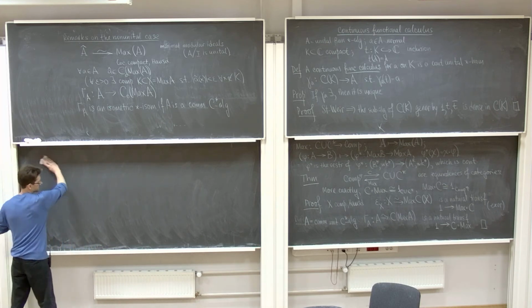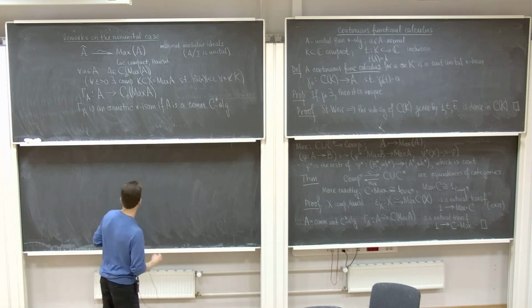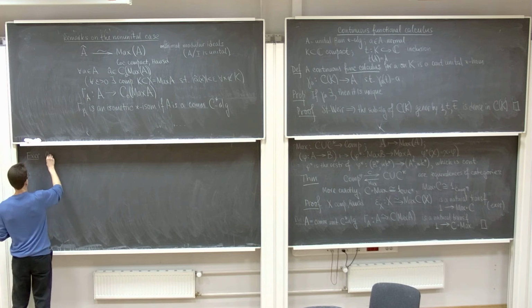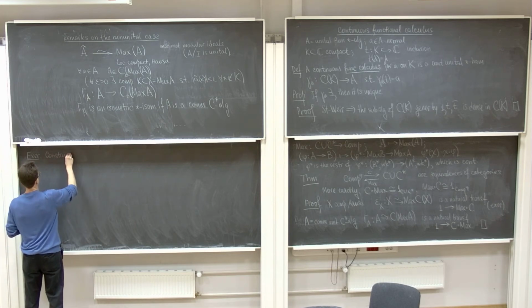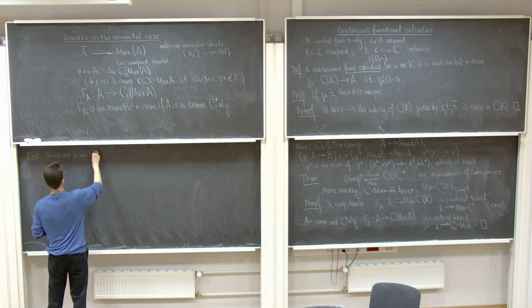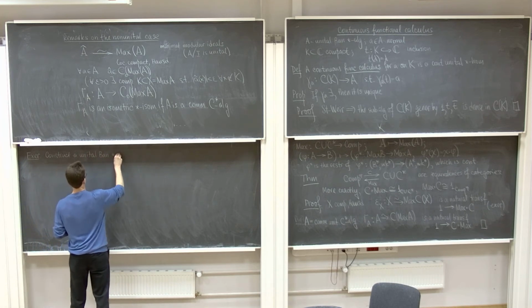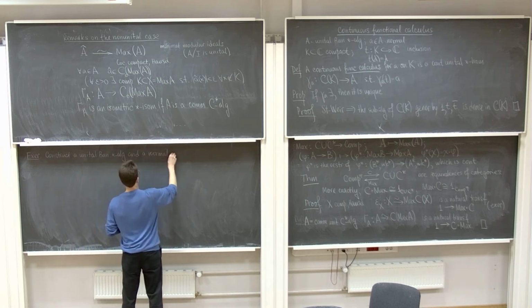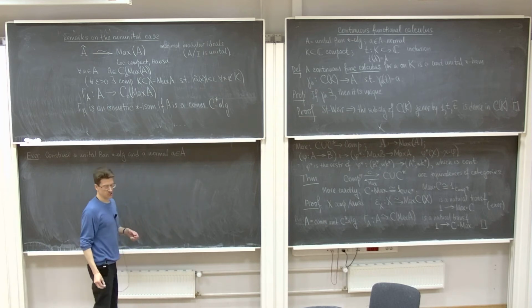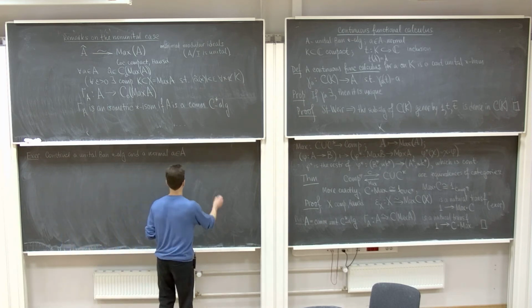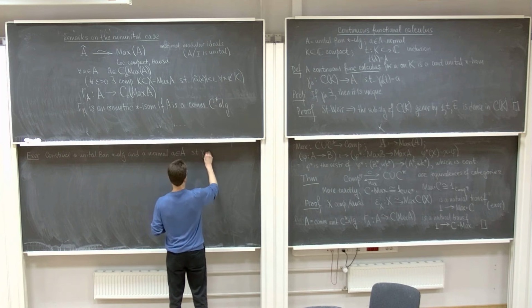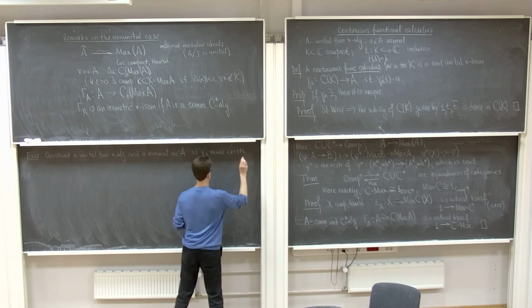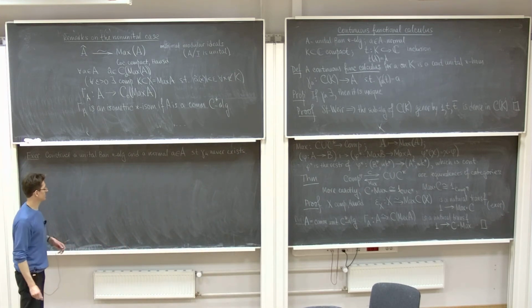Okay, now how about the existence of the continuous functional calculus? First of all, I recommend the following exercise. Construct a unital Banach star algebra and a normal element for which the continuous functional calculus never exists, whatever K is.